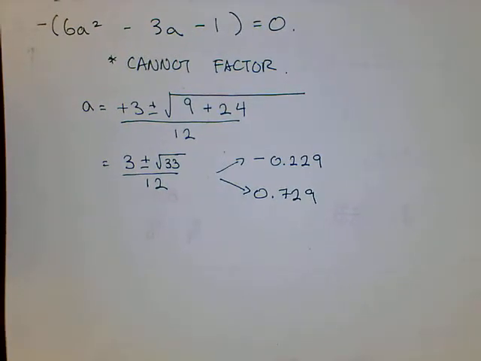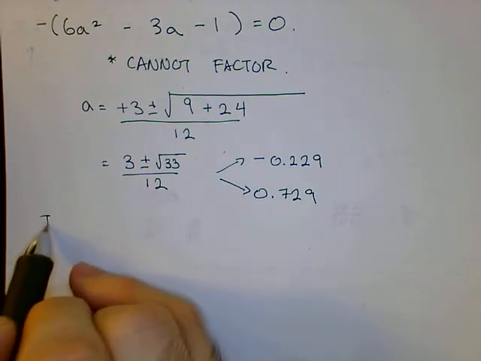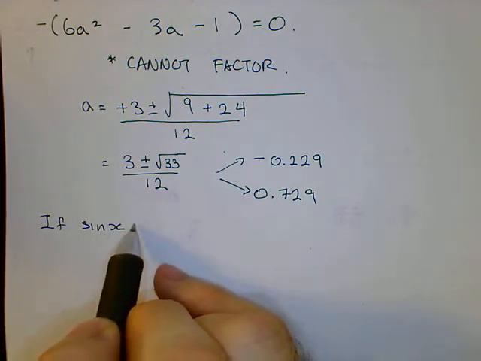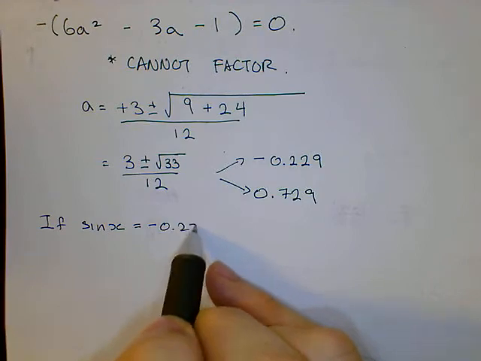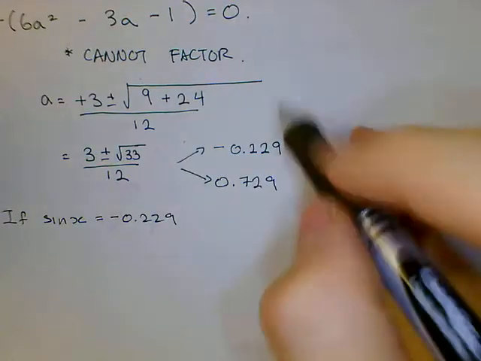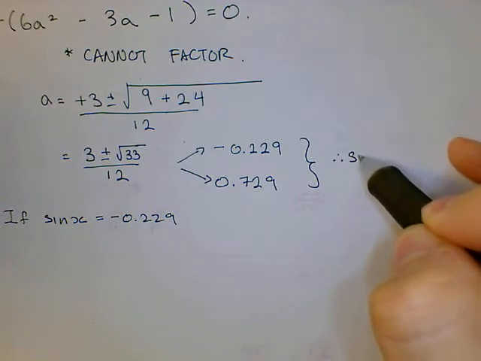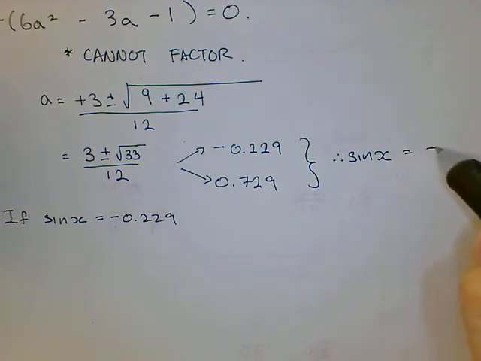So we're going to have two cases. Oh, I forgot to add, if this is a, therefore sine x equals negative 0.229 or 0.729.